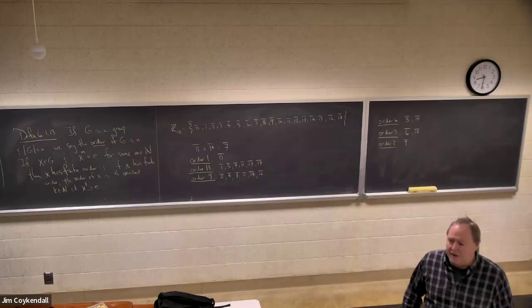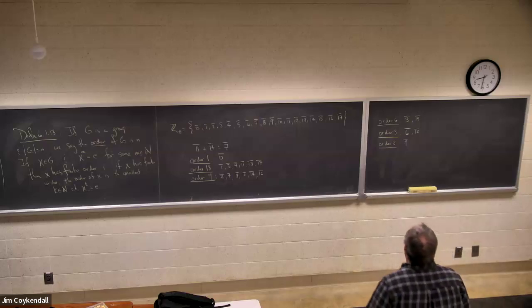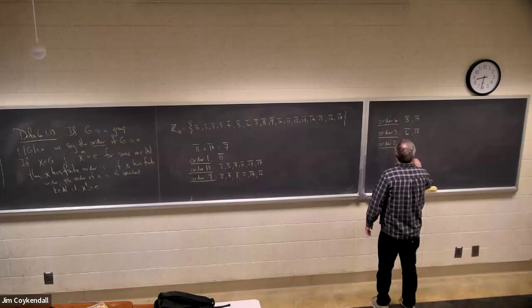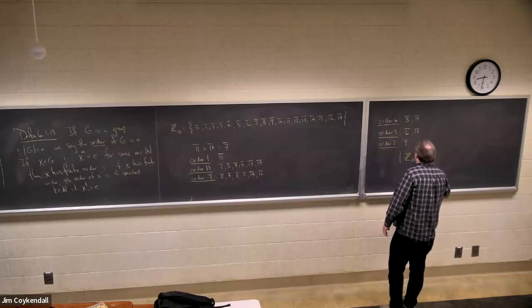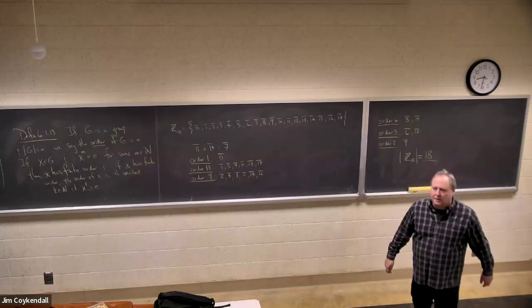What's the order of the group? The entire group itself, how many elements are in it? 18. Do you see any connection between the order of the group and the order of the elements within it?